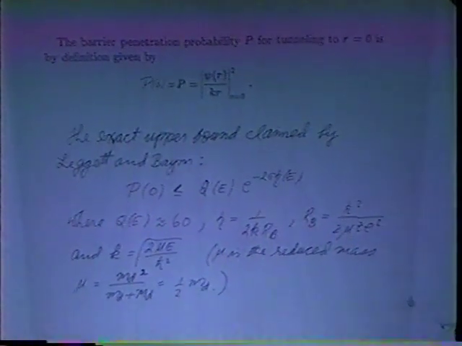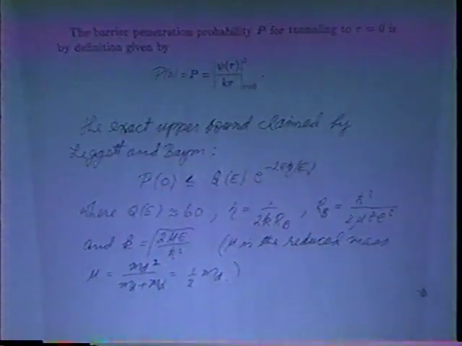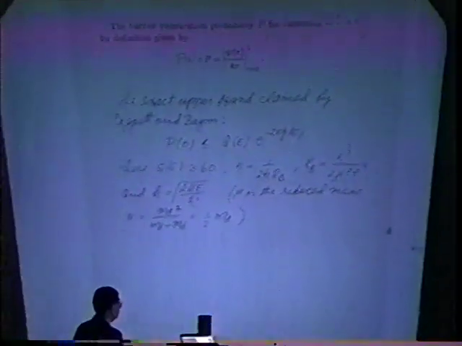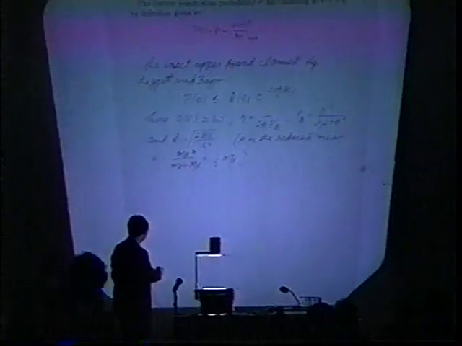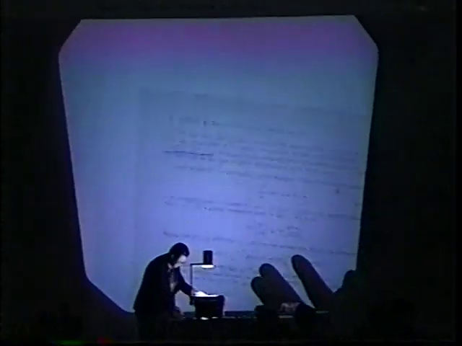This is the famous gamma factor, and it is not too large, like 60 or so. So essentially it's saying that you can overcome the gamma. There are two problems with that approach.